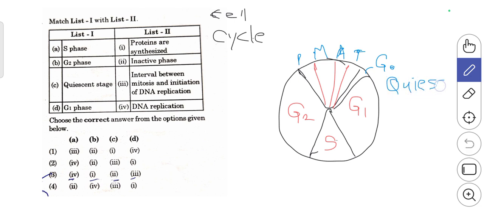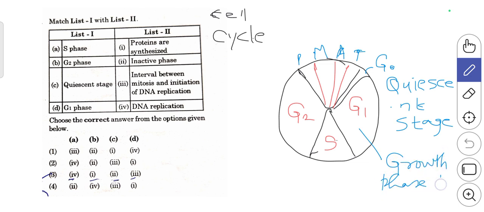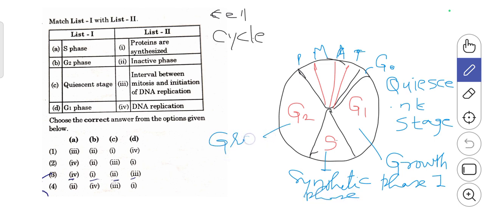This one will be called the quiescent stage, whereas this one is growth phase 1. This one will be called the synthetic phase, and this one is growth phase 2.